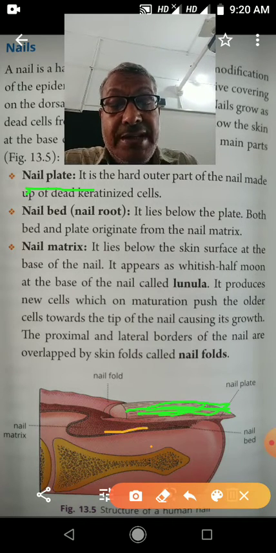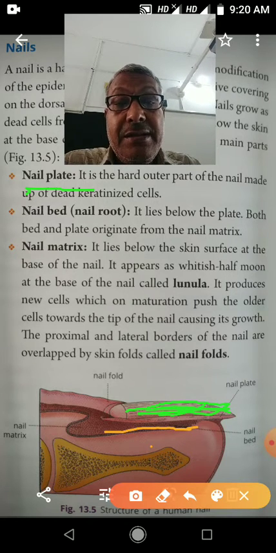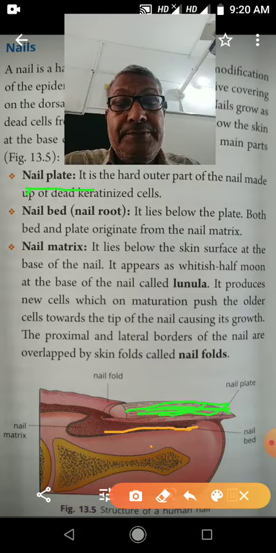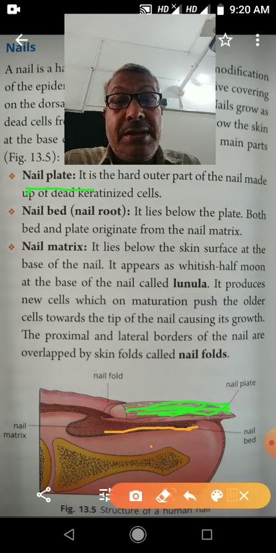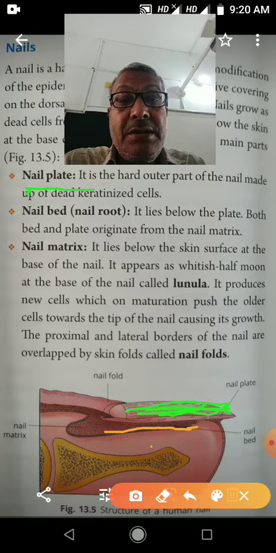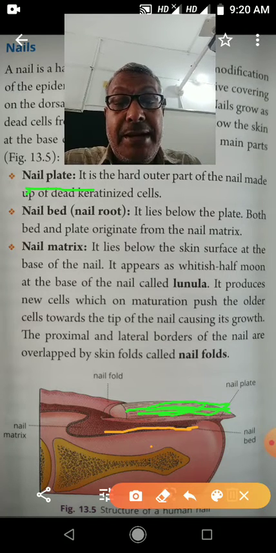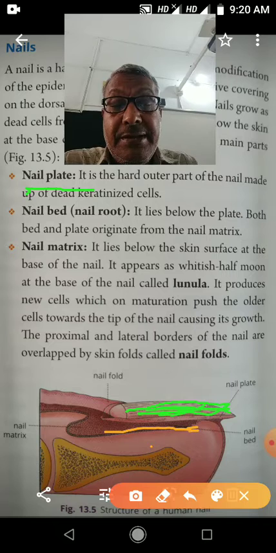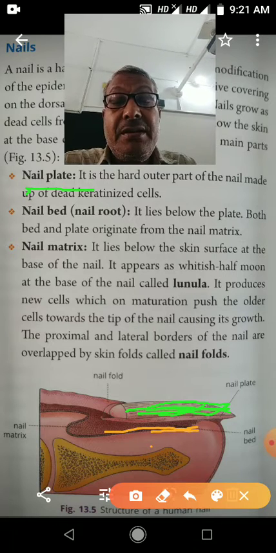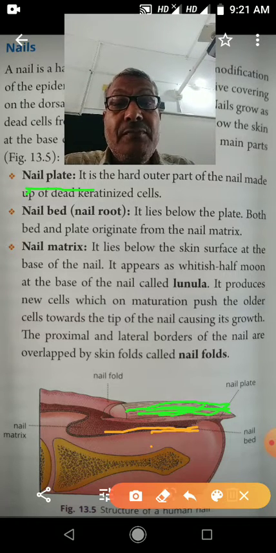So the upper portion, which is made up of dead keratinized cells, is the nail plate. Just below it is the nail bed or nail root.